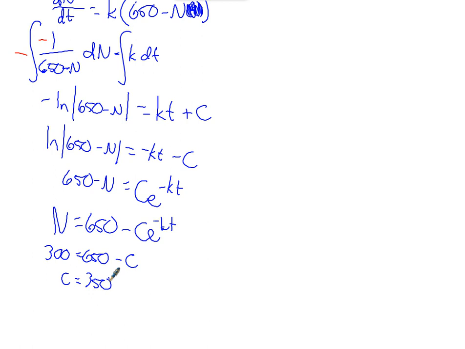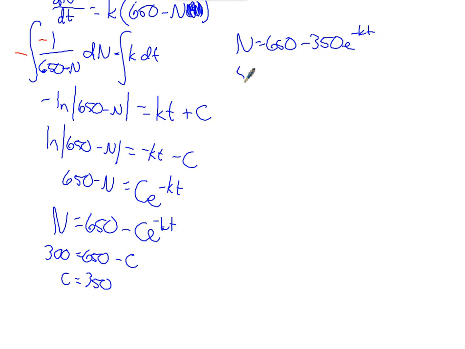So now I have n equals 650 minus 350 e to the negative kt. My other ordered pair? 2, 500. Was that 2 years?